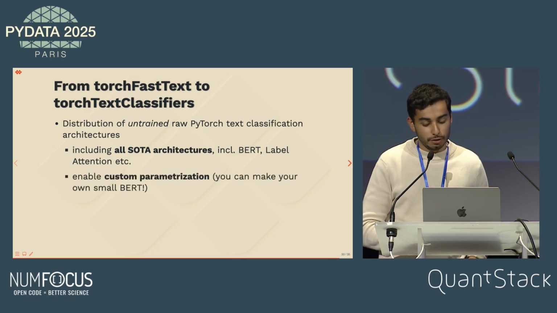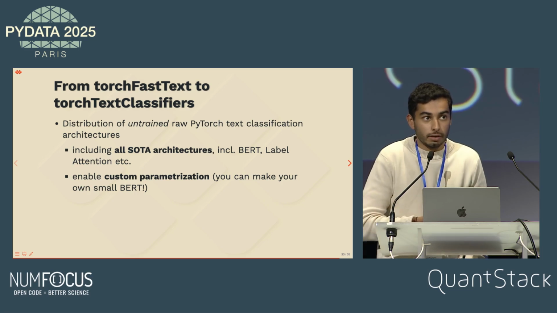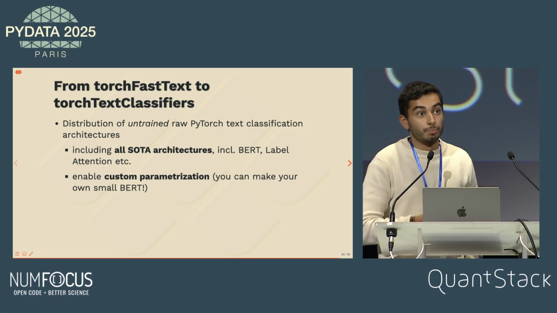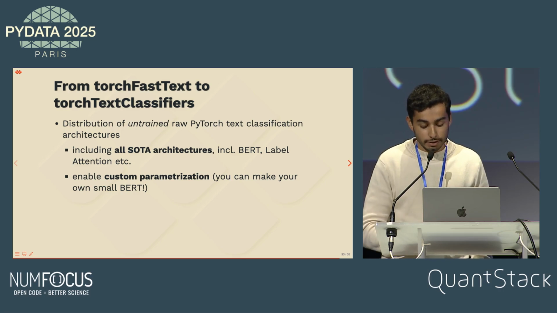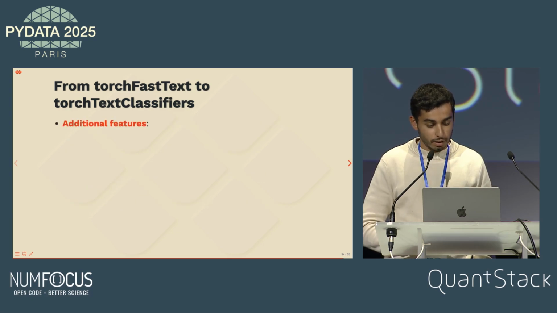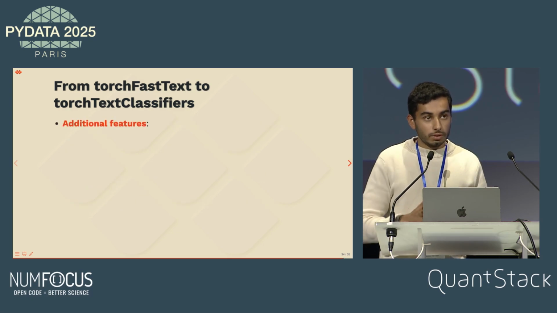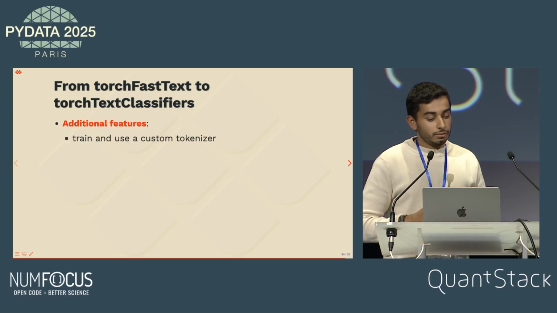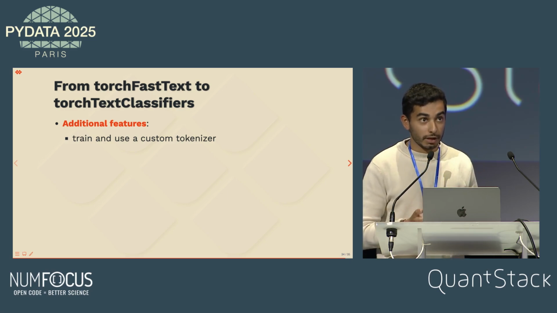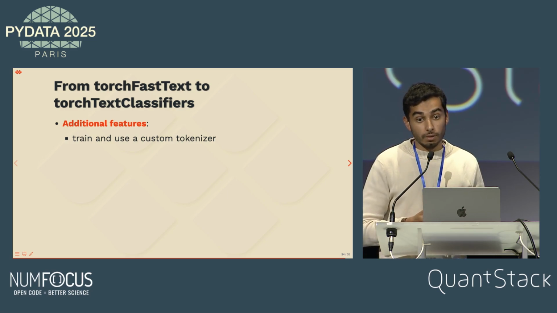With the custom parameterization, you can do a small BERT if you want, and small BERTs are not that available on Hugging Face. Hugging Face is made to distribute big models that are already trained, and to enable easy training and inference on GPU, CPU. And also, around the raw PyTorch-based models, we also want to offer additional features to train and use a custom tokenizer from Hugging Face, so the BPE tokenizer.